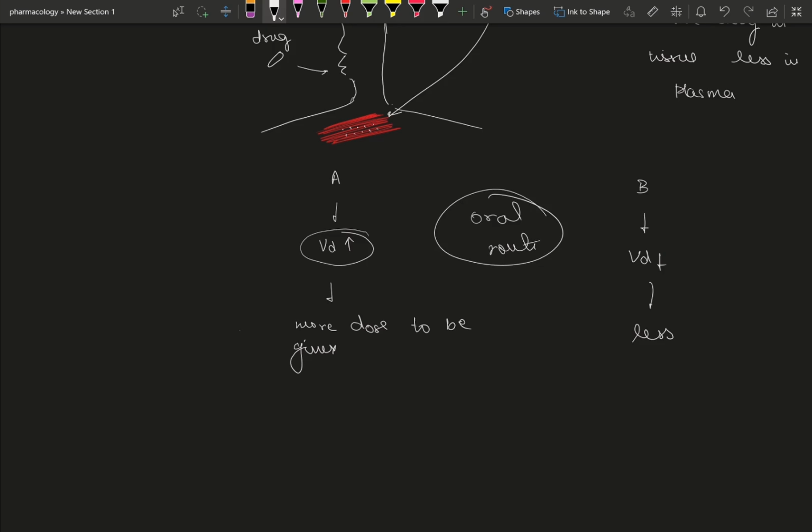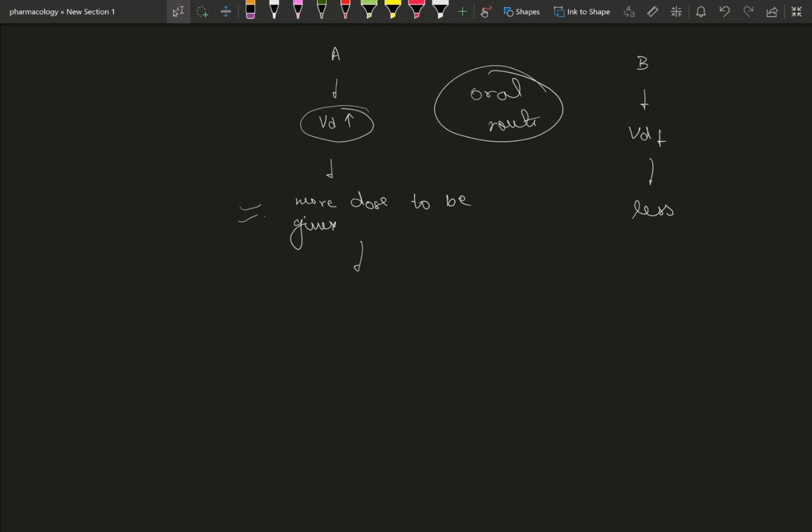Here we are talking about the oral route. Keep this in mind. So a drug which has a higher VD, or volume of distribution, would require a loading dose so that adequate plasma concentration is achieved to produce the necessary therapeutic effect.